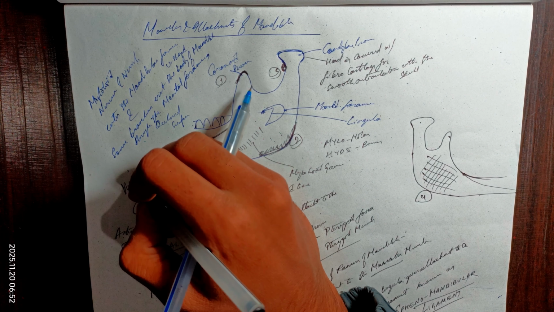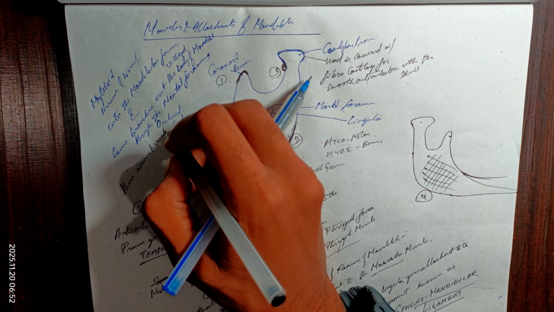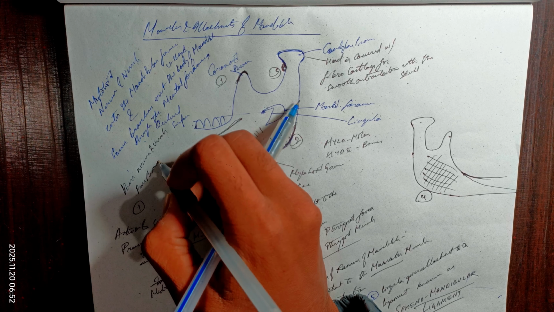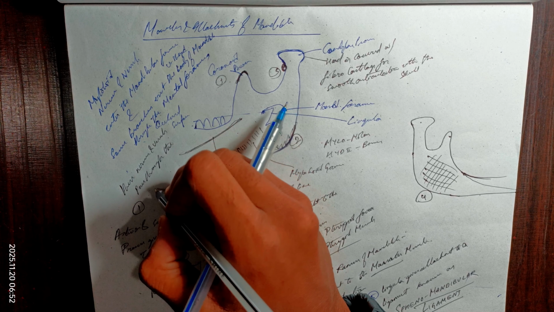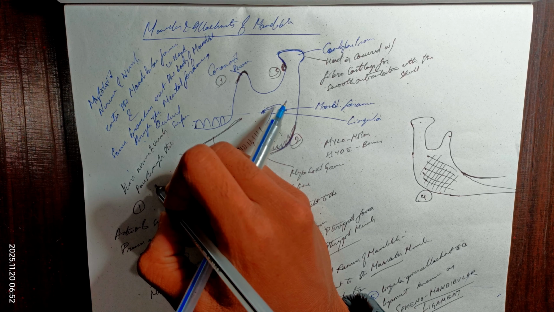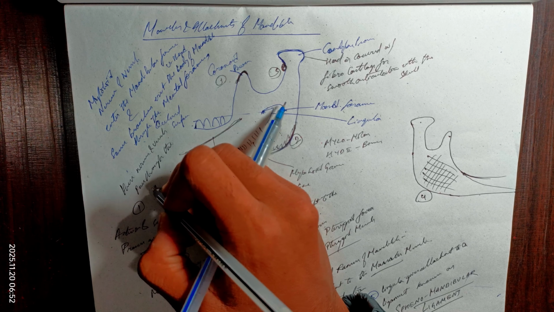These nerves and vessels pass through the, is it the mandibular canal or mylohyoid canal? Mandibular canal.